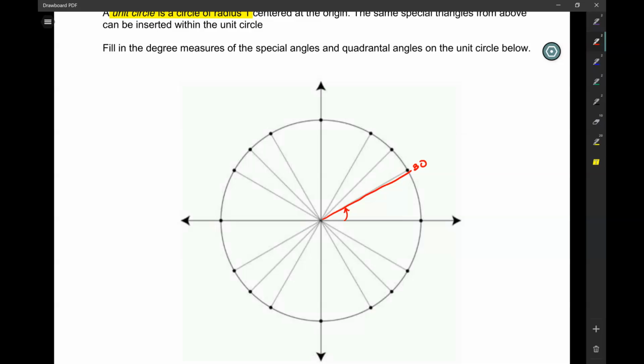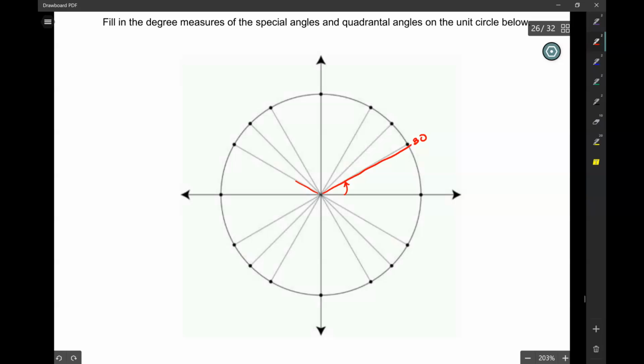So it's 30 degrees up from the x-axis. Now if I go here, 30 degrees up from the x-axis, that's this one, and that's 150.